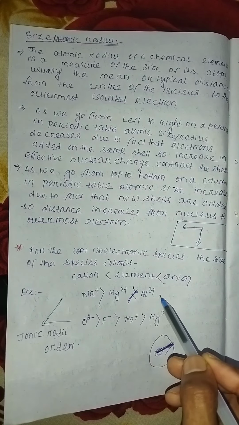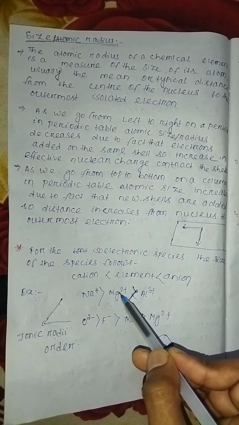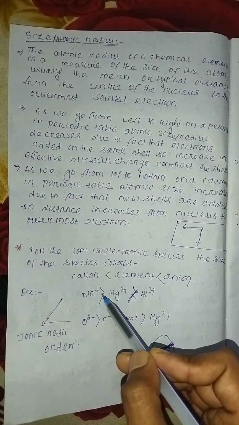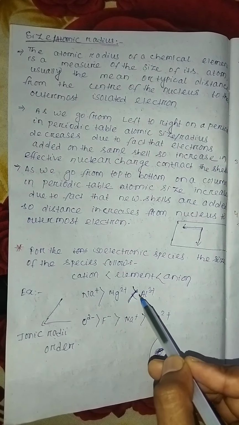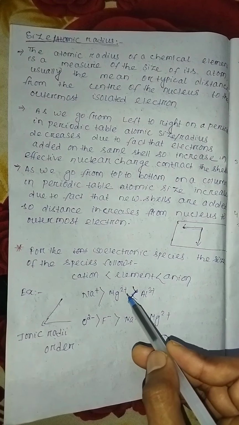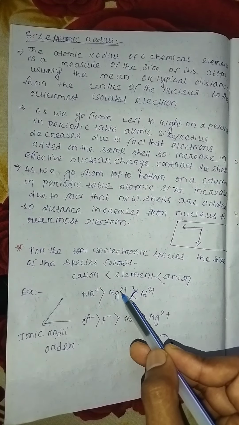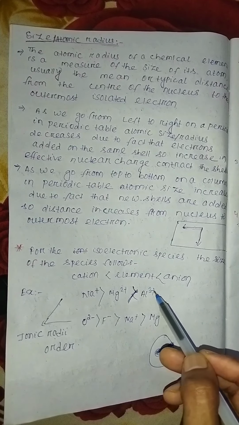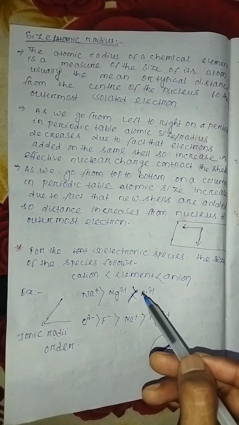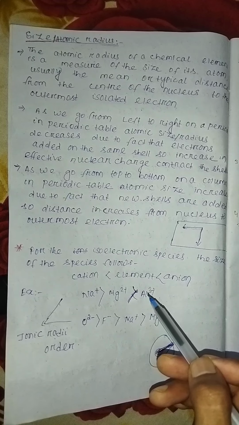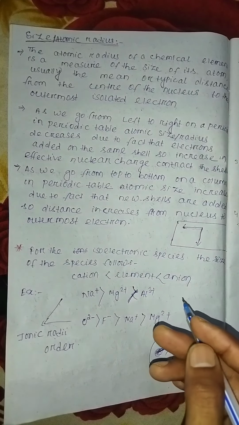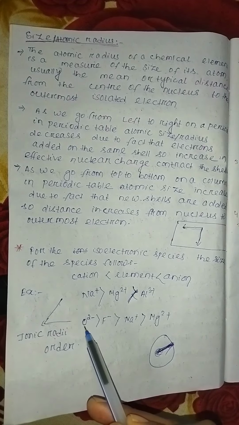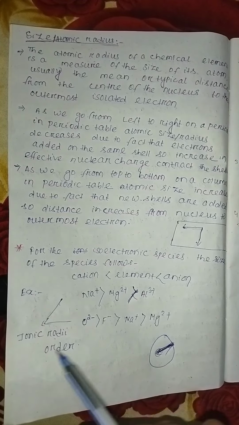These are isoelectronic species, but the size is in this order. This is because when more and more electrons are removed from the outermost shell, their Z effective increases. Due to the increase in Z effective, the shell shrinks and the size decreases. This is another example. You can see the ionic radii order.